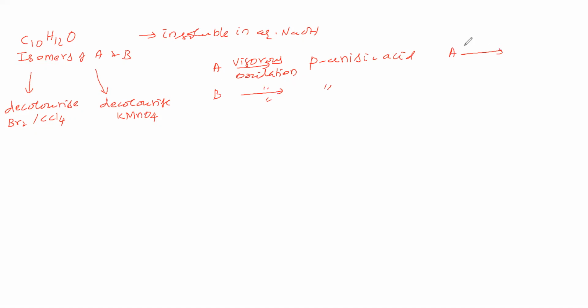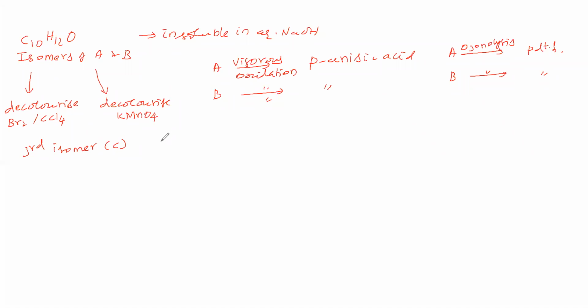A on ozonolysis gives a compound. B also on ozonolysis gives the same compound, the same products. Both are giving the same products. Then for this C10H12O, a third isomer is possible.